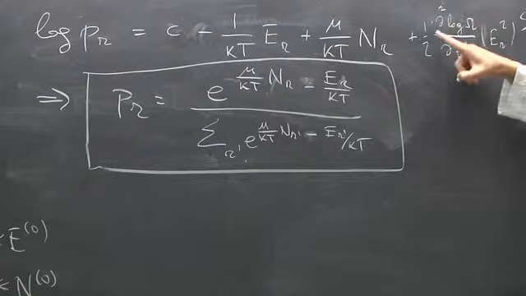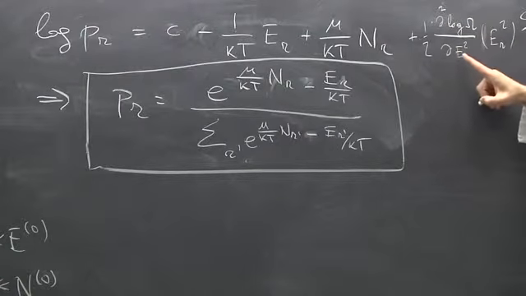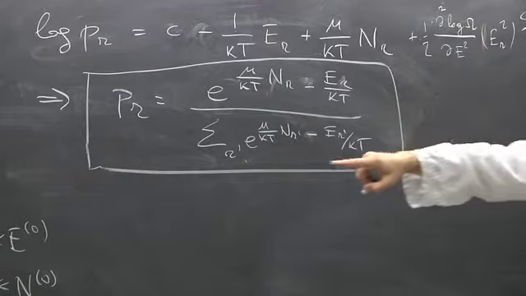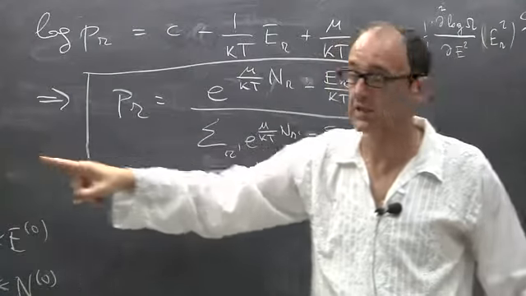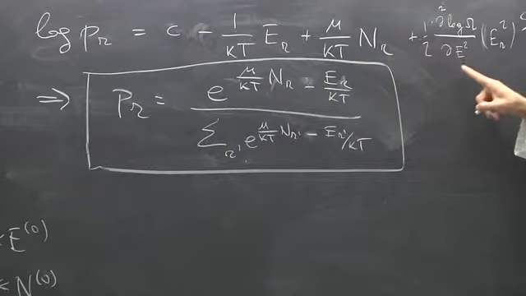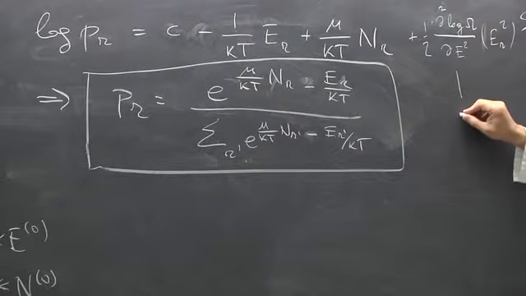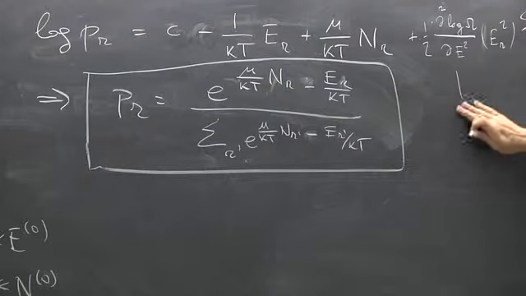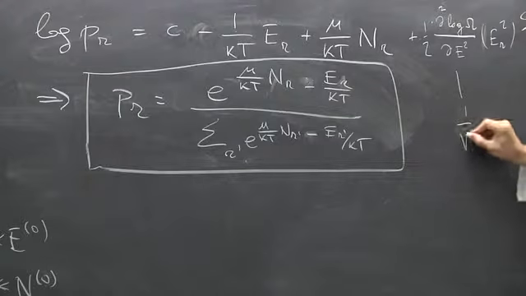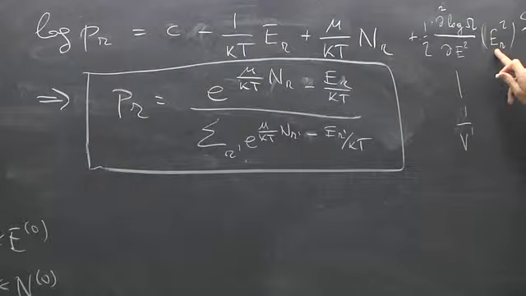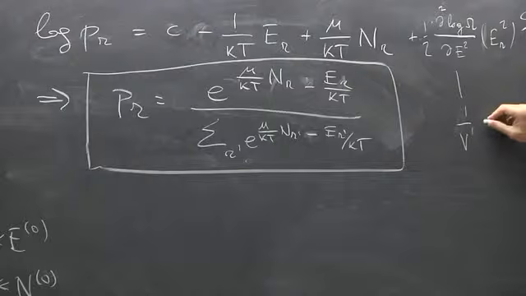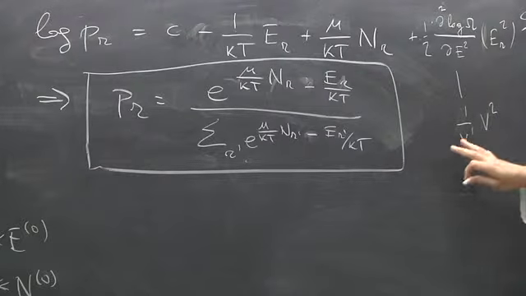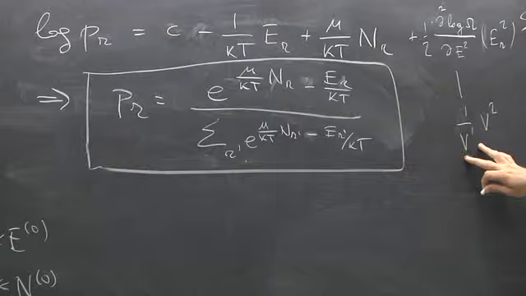So this term will be proportional to 1 over the size of the heat bath, if you want, 1 over the volume of the heat bath, times essentially the energy of my system, which is essentially proportional to the volume squared of my system.